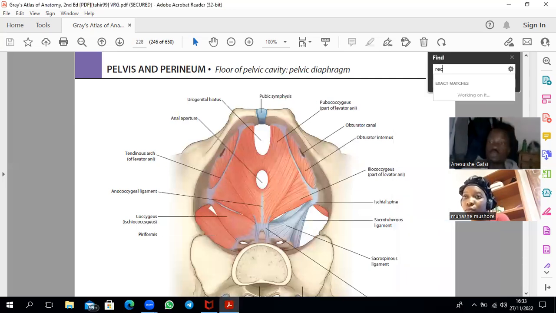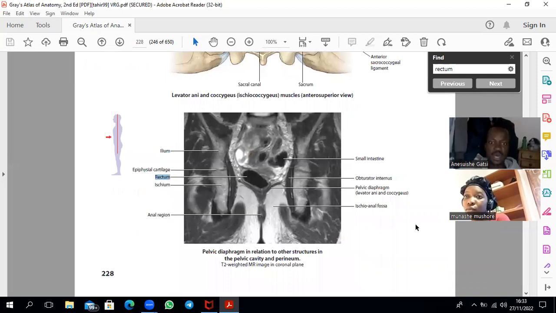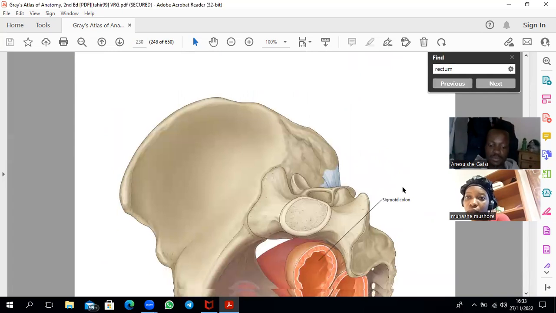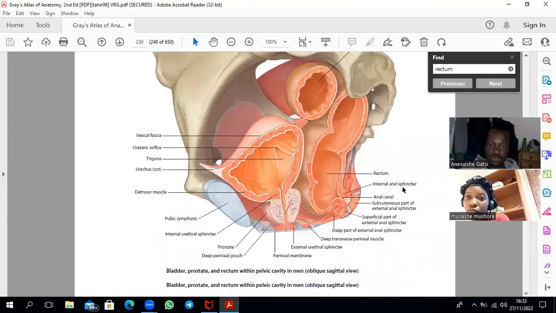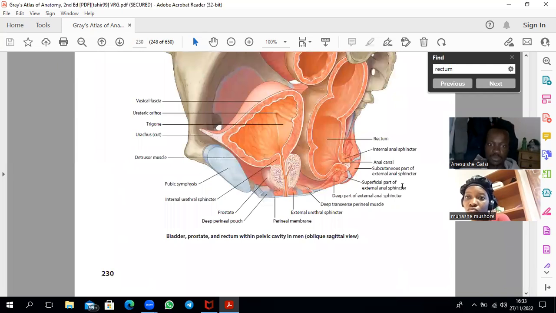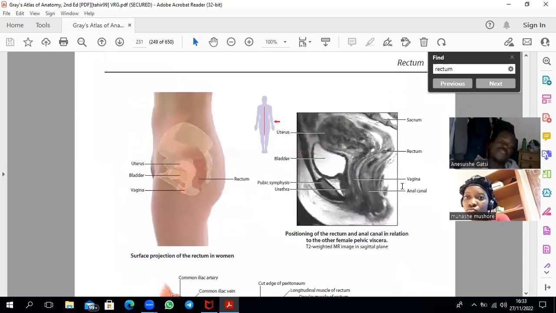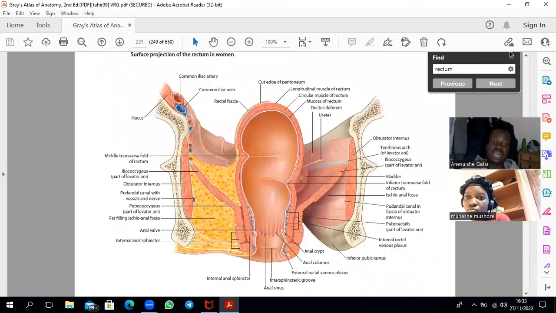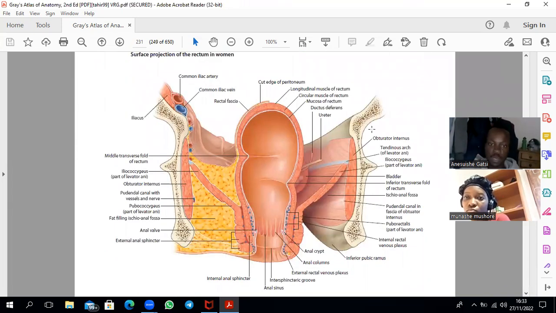Maybe I should find something here. Finally. It goes straight into a canal that we call the pudendal canal.